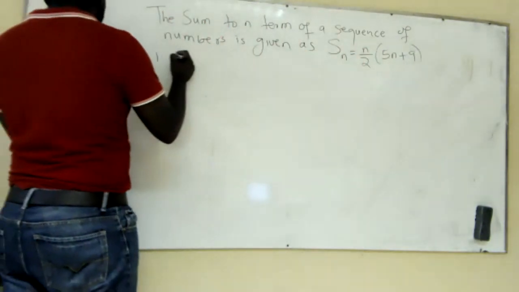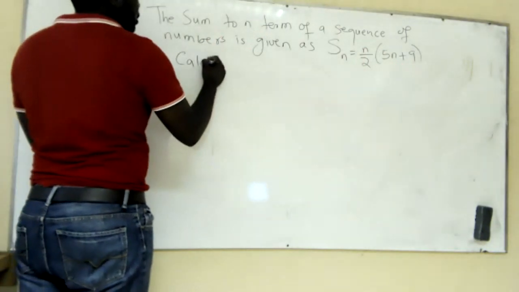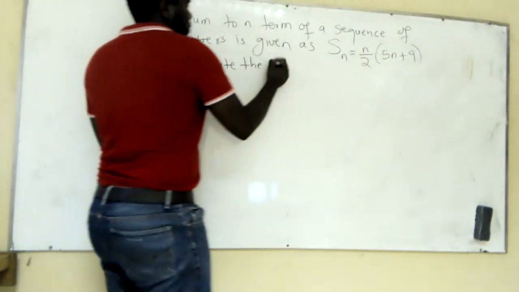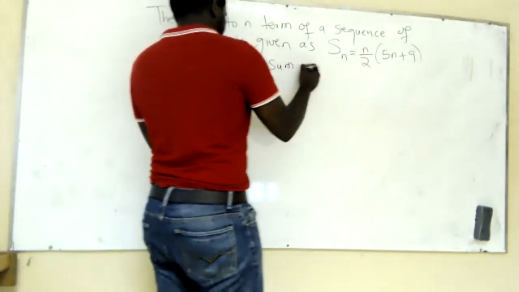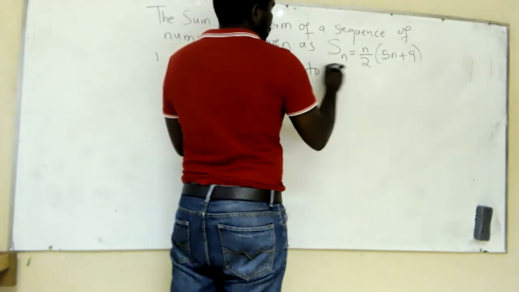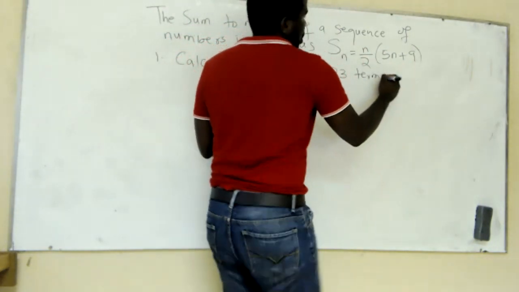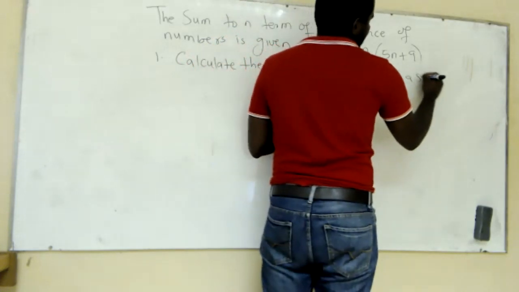Now the first question requires us to calculate the sum to 23 terms of a sequence.